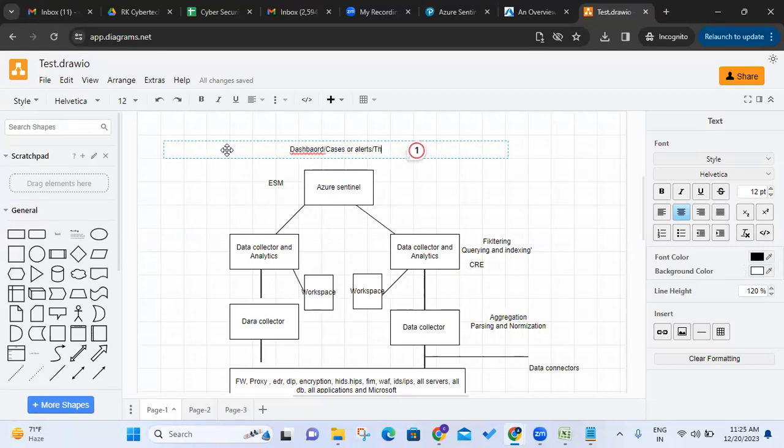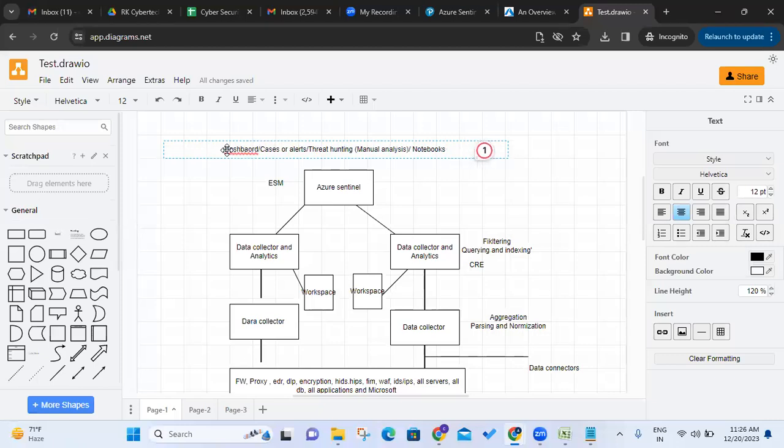Next one, threat hunting, using which language? Kusto Query Language. It's a manual analysis for deeper investigation. Next one is notebooks, playbooks, sorry, notebooks. So these are all what we can see on the dashboard side.